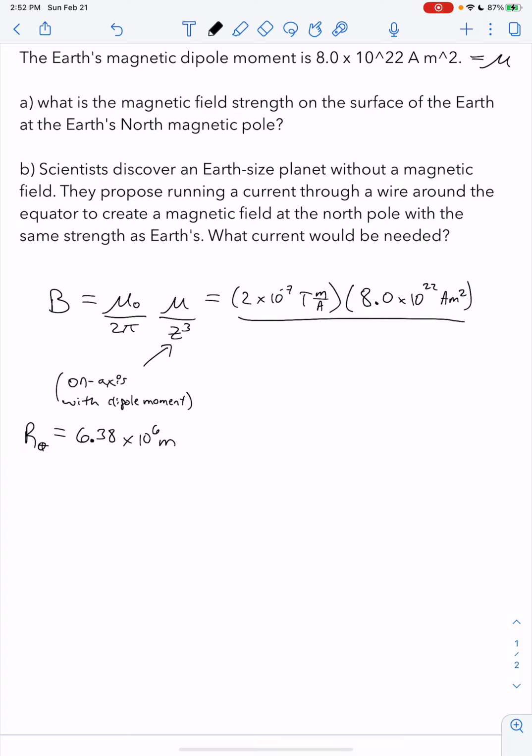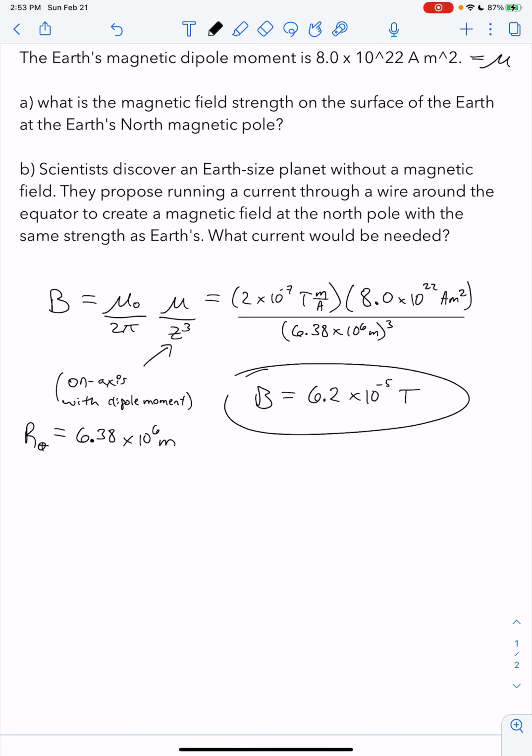And then this will be all over our radius of the planet, so 6.38 times 10 to the 6 meters, all cubed. So the magnitude here of the magnetic field will work out to be 6.2 times 10 to the negative 5 Tesla.